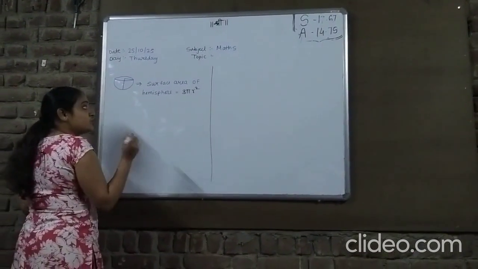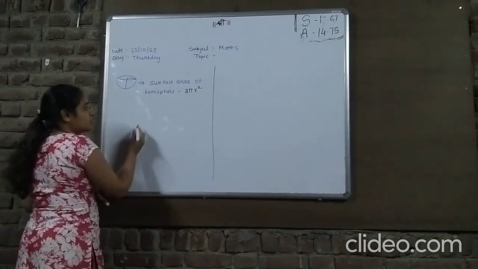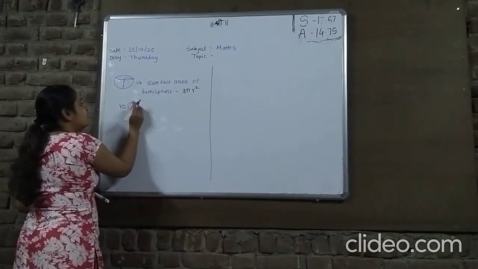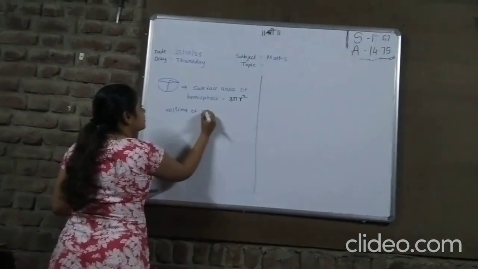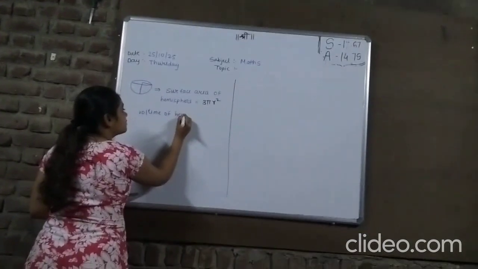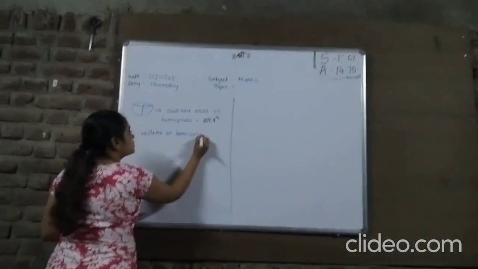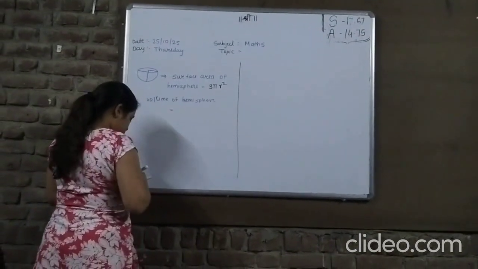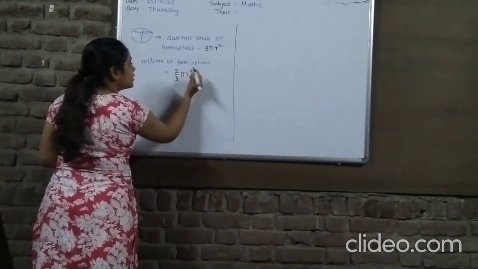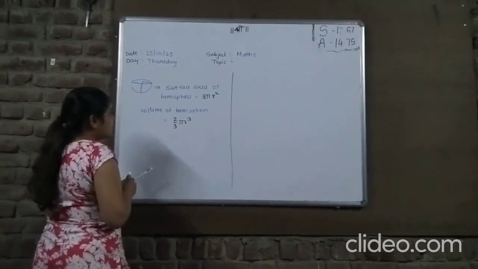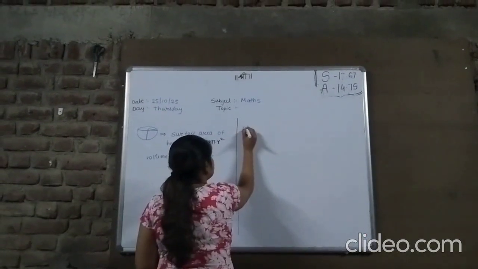And it also has volume. The volume of hemisphere is equal to 2 upon 3 pi r cube. We will take one example on this.